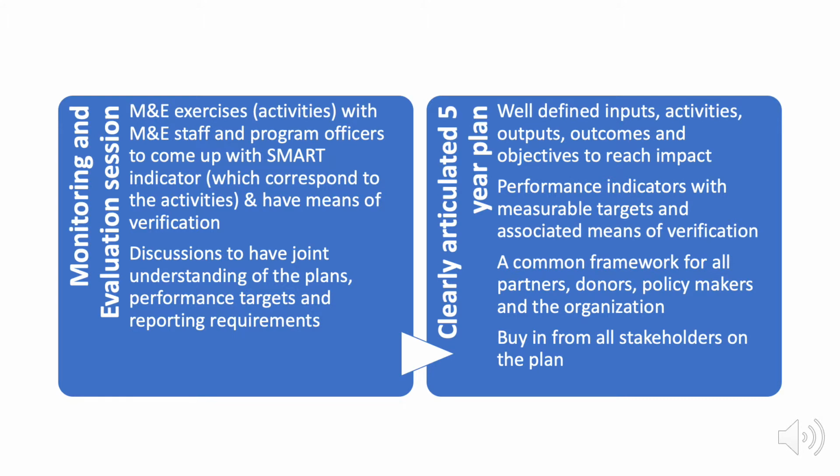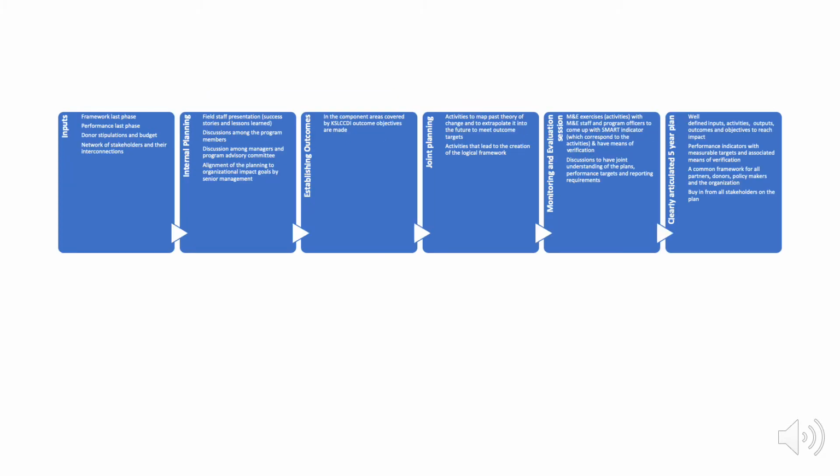And this also means that there's a common framework for the partners, donors, policymakers, the organization, and since everybody contributed to making this, it should have buy-in from all the stakeholders.